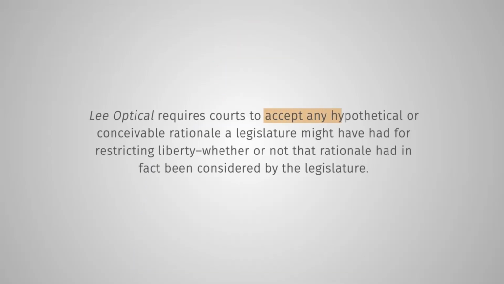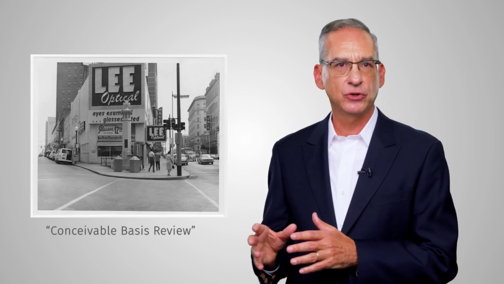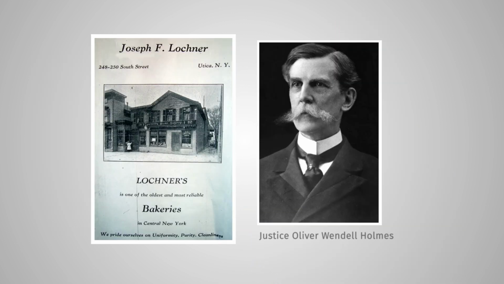Lee Optical's approach requires courts to accept any hypothetical or conceivable rationale a legislature might have had for restricting liberty, whether or not that rationale had in fact been considered by the legislature. Conceivable basis review, as we call it, is more consonant with Justice Holmes's dissent in Lochner.